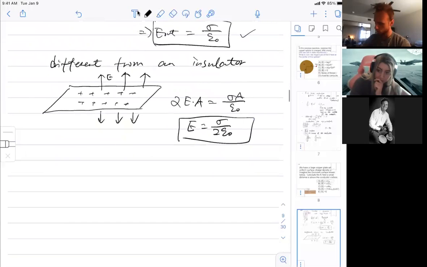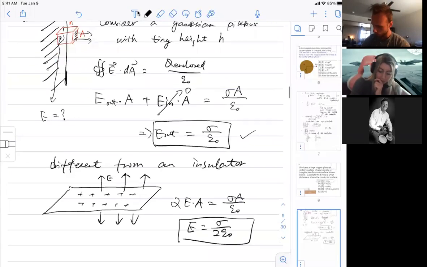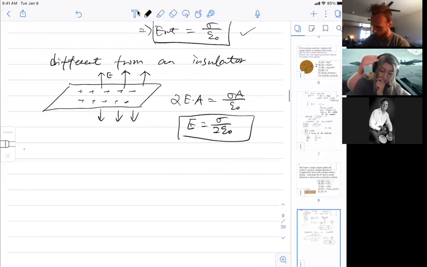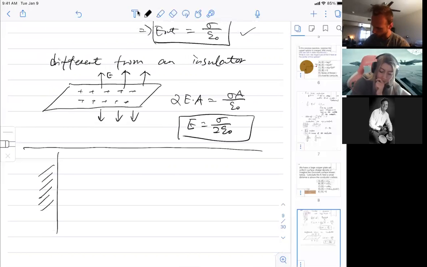There's another way to show that E parallel is 0, which is similar to the approach I've done here. So I'm going to show that real quick. Let's say I have this conducting surface. I'm going to draw a loop in this direction, with length L and height h. If I consider the integral of E dot dl along this loop with a very tiny width, it's a four-line integration adding up.